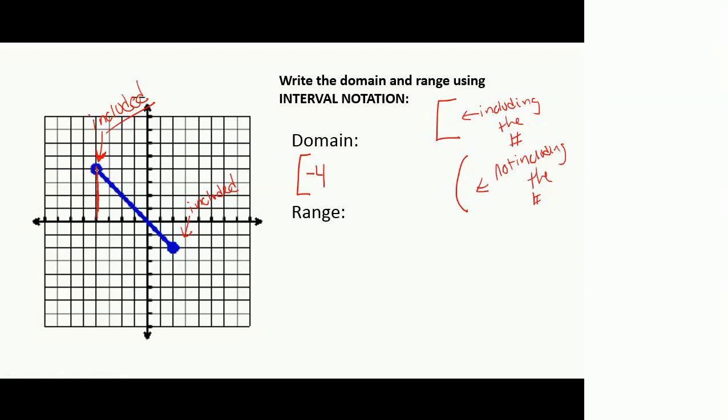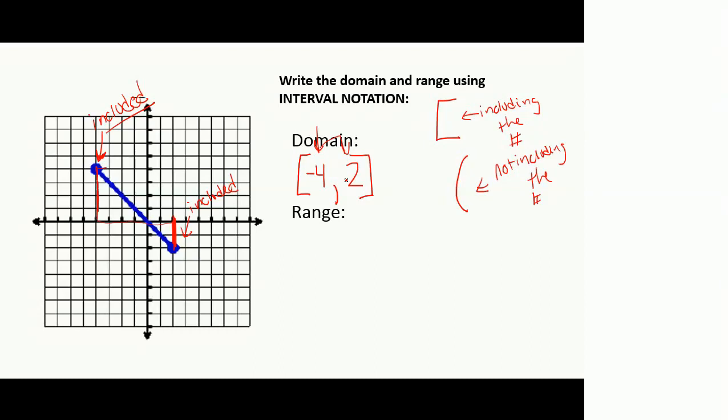Well, my x values, if I keep going, I'm done right here, which is at 2. So I put a comma and then 2. I am including 2 as well, so I put a bracket around that. So what this is saying is from -4 to 2 is my domain. Not -4 to the ordered pair, but -4 to 2 is my interval.